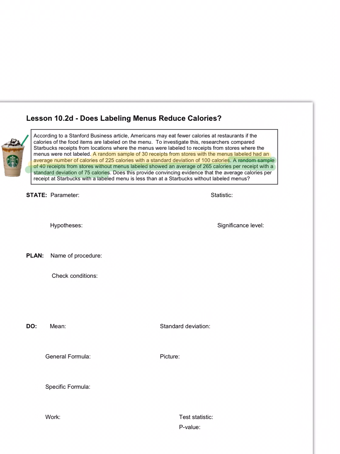Parameter. You can come up with your own symbols, you just need to define them. I'm going to say mu of L is the true mean calories at Starbucks with the labeled menu.